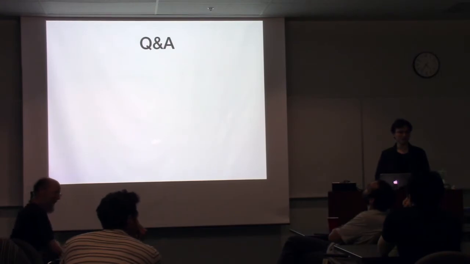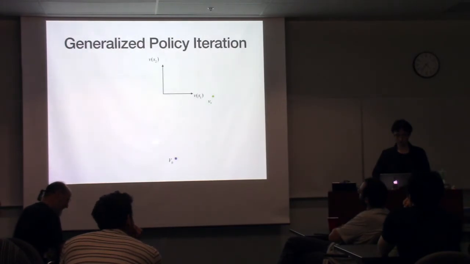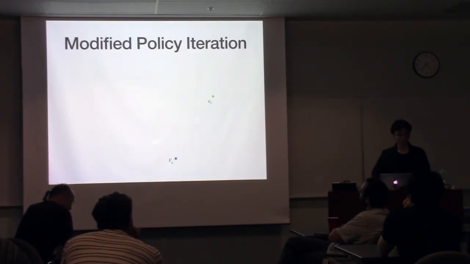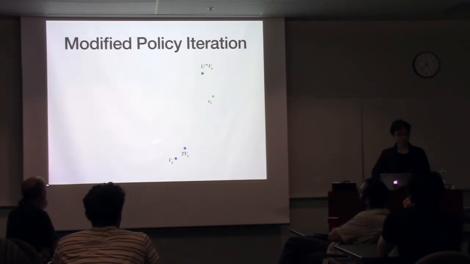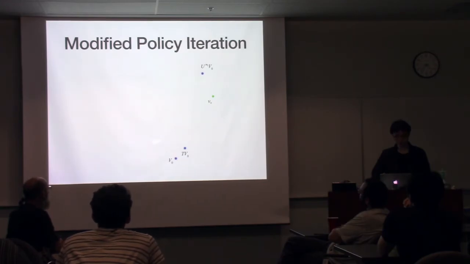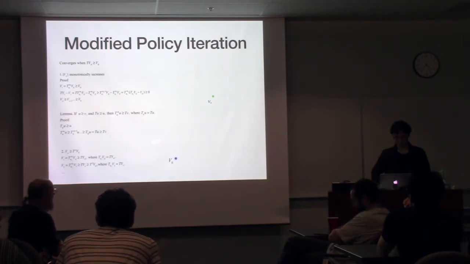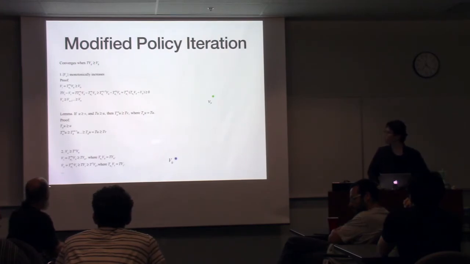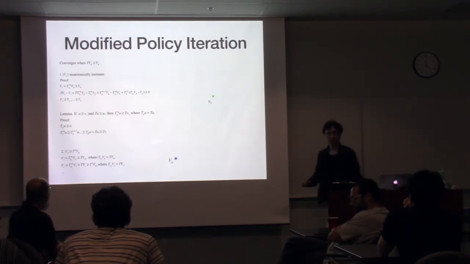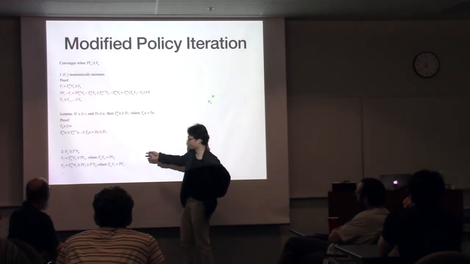Nico. In the modified policy iteration animation, you had V0 and there's also an M somewhere from the previous slide, which describes how many times you apply the Bellman operator. Can you explain how the T-M fits into this animation? So which part are you referring to?